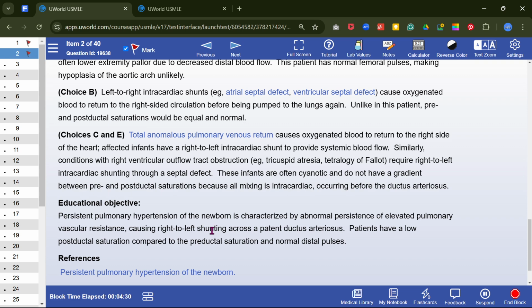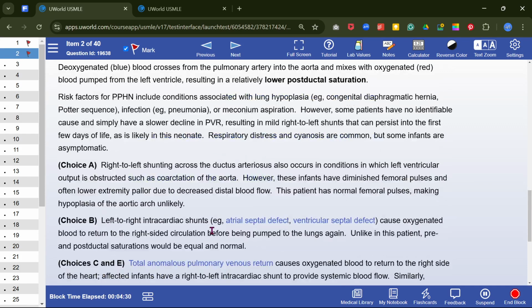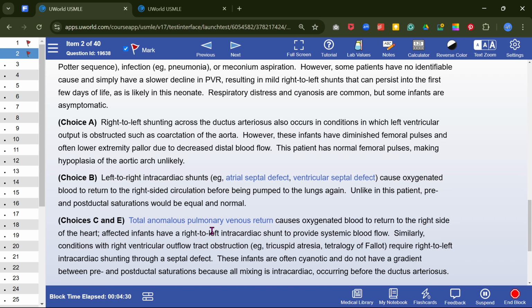If this pulse abnormality, like higher brachial and lower femoral, then we will think about coarctation. Right-to-left shunting across the ductus arteriosus also occurs in conditions in which left ventricular output is obstructed, such as coarctation of the aorta.